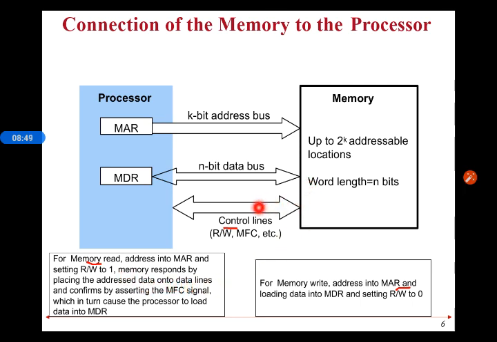MFC, memory function complete, means the memory is sending another signal to the processor saying that the data is available in the data bus, that means it is available in the MDR. So the processor can read the data from the MDR and the memory read operation is finished.